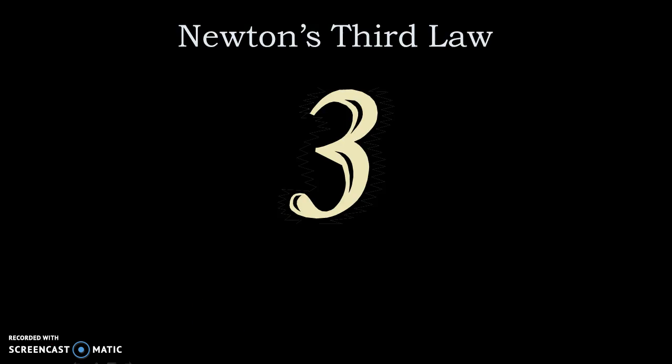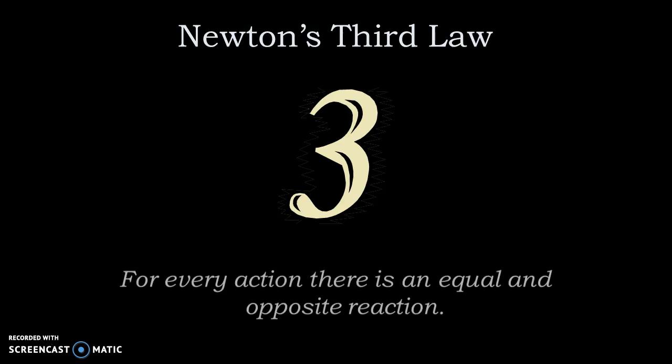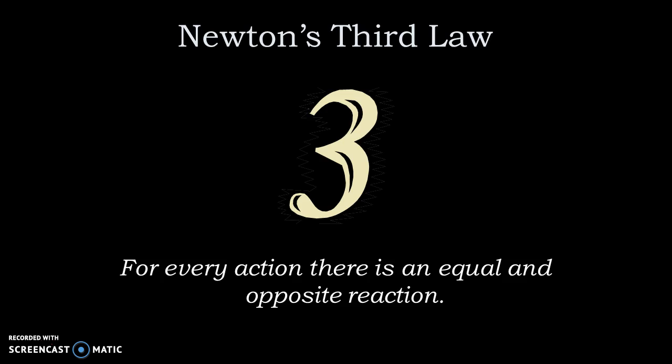Newton's third law states, the one that you've heard before, for every action there is an equal and opposite reaction. For example, if you push on the wall with a certain amount of force, you get pushed back. The wall doesn't move.